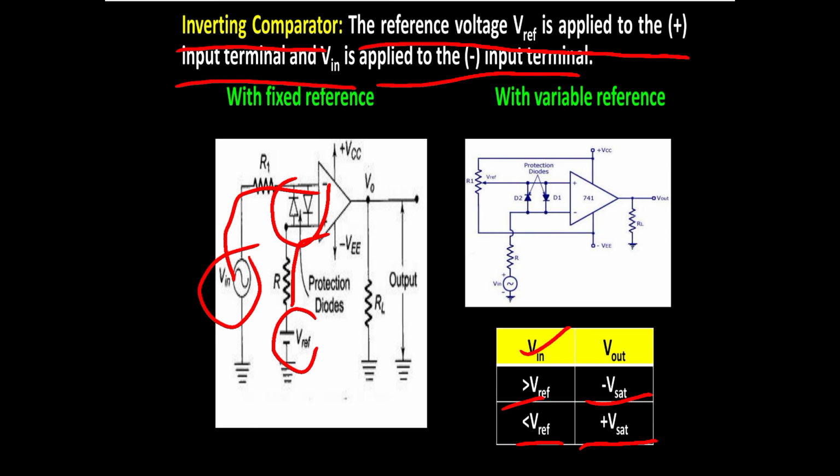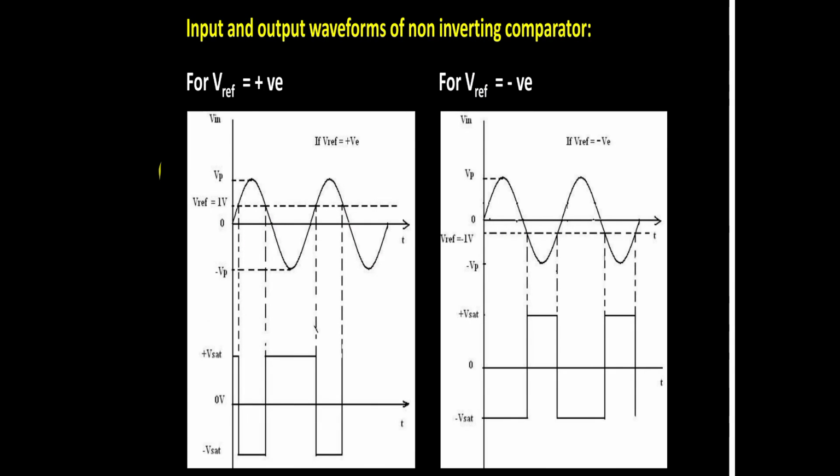Now let's see the waveforms. These waveforms are exactly opposite to the non-inverting comparator. If I take the V reference as positive, that is plus 1, then the waveforms will be like this. The dotted line indicates the reference voltage. If our input is more than this reference voltage, then the output is minus saturation.